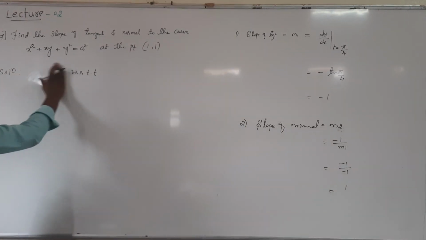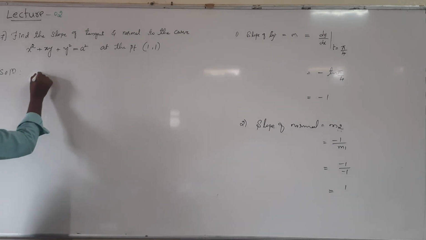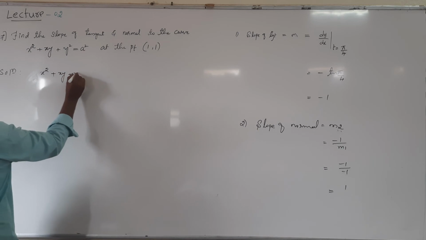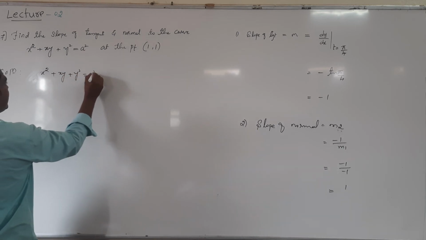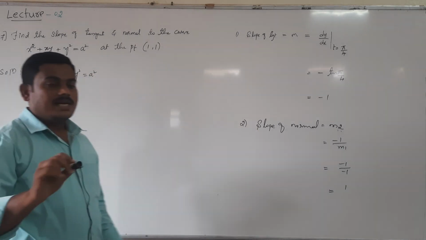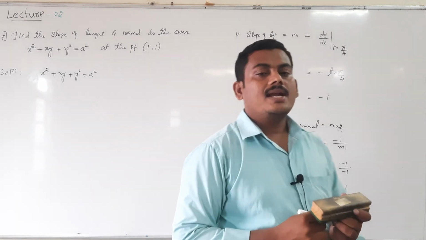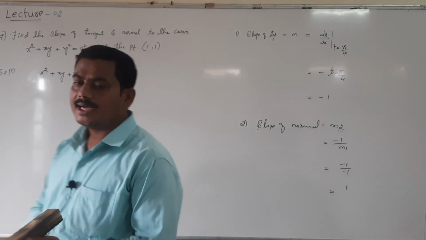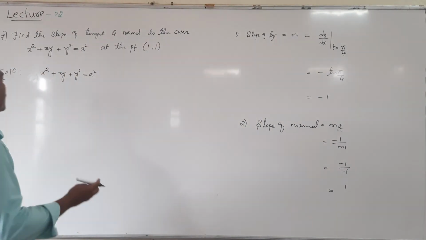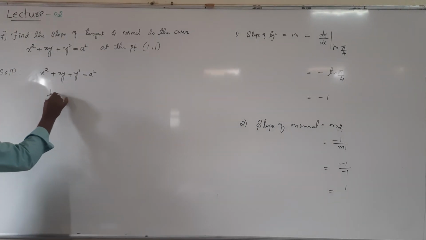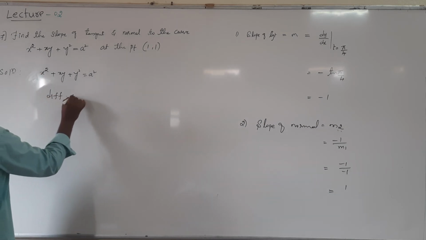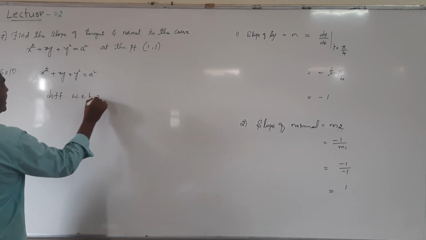Once implicit function is given, x square plus xy plus y square is equal to a square, directly differentiate with respect to x. Don't take this expression as y, already y is involved.